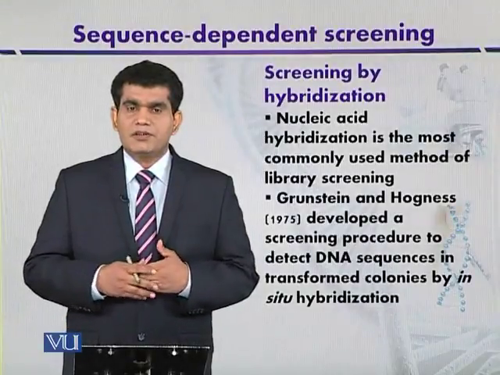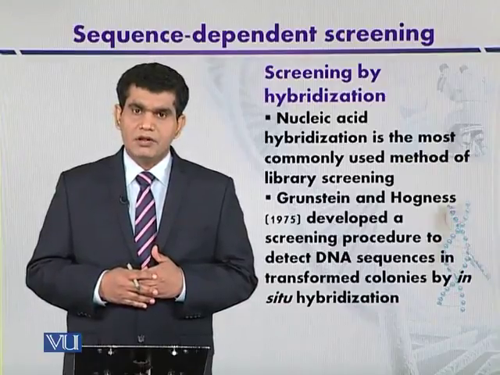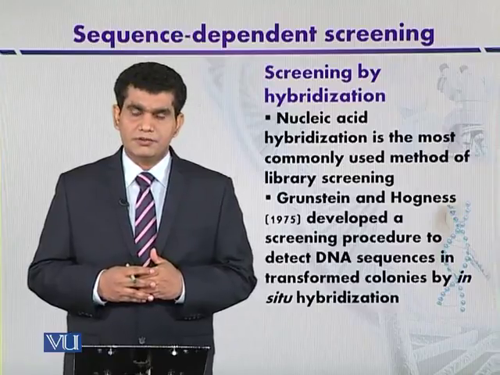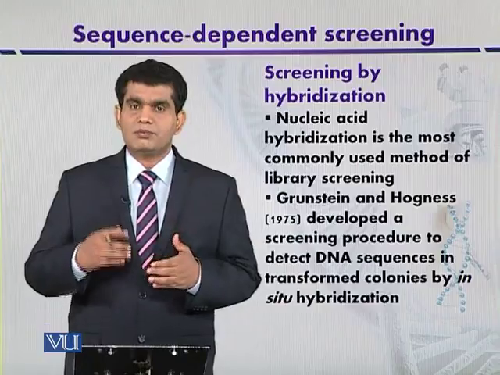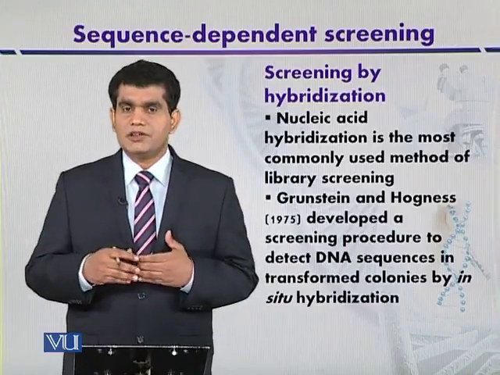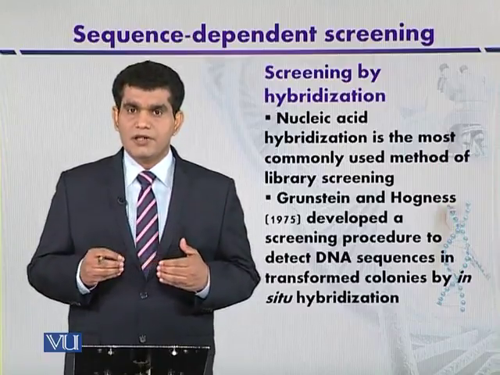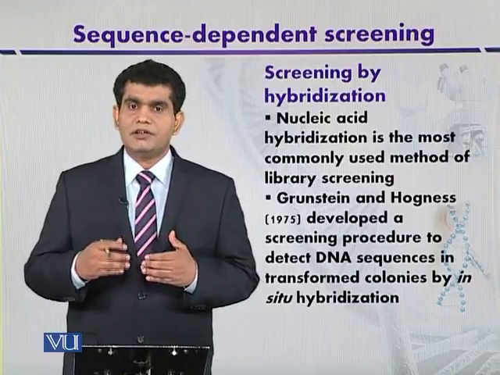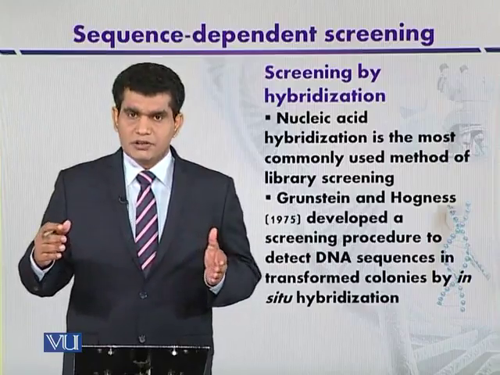Next major method for screening is sequence dependent screening, and one of the methods is screening by hybridization. Nucleic acid hybridization is the most preferred and commonly used method for the detection of cloned DNA, because this nucleic acid hybridization technique is very easy, very rapid, and it can be used to screen a larger population of clones.